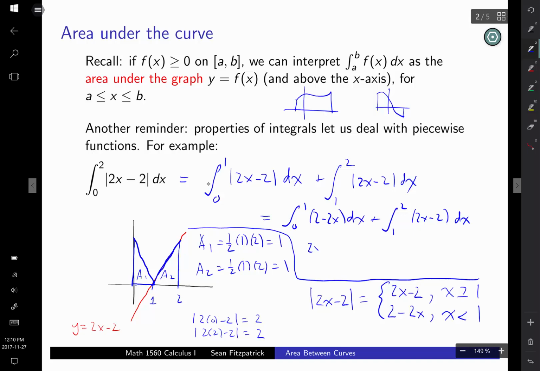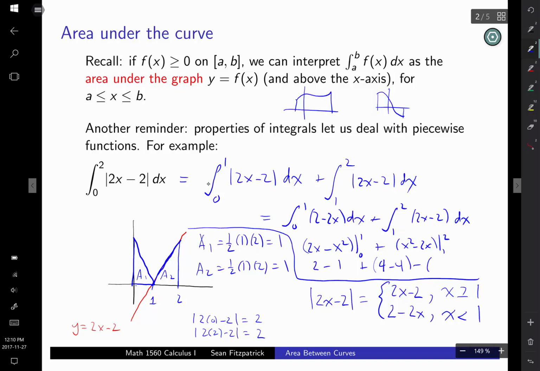And now we can evaluate these integrals as usual. This is going to be 2x minus x squared from 0 to 1, and then x squared minus 2x from 1 to 2. So we get 2 minus 1, and then 2 squared, which is 4, minus 2 times 2, which is also 4.